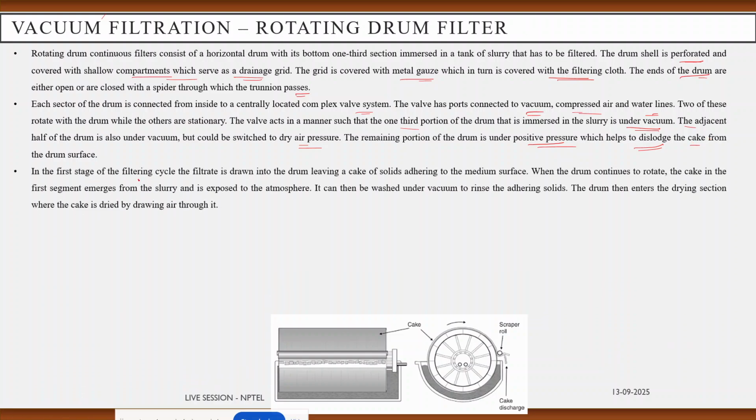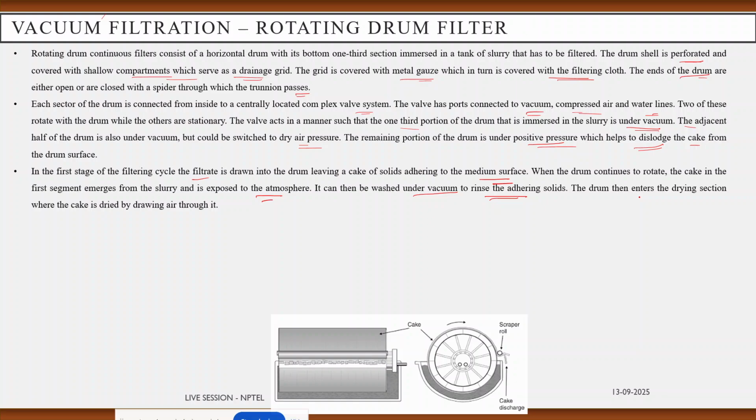In the first stage of the filtering cycle, the filtrate is drawn into the drum, leaving a cake of solids adhering onto the medium surface. The drum continues to rotate, and the cake segments emerge from the slurry and are exposed to the atmosphere, where they are washed under vacuum conditions to remove adhering impurities.